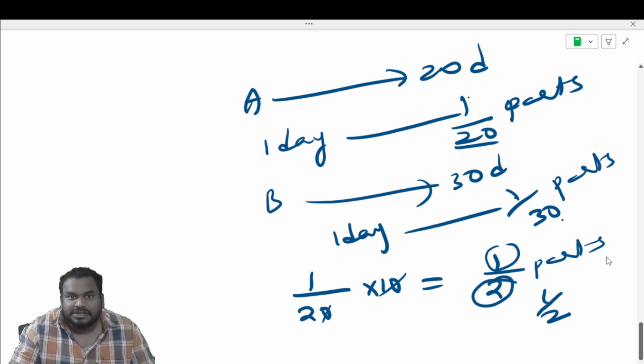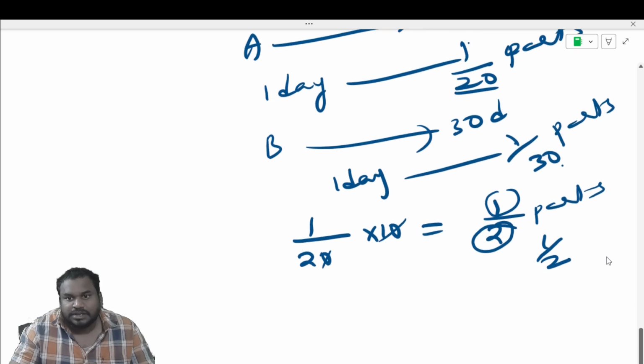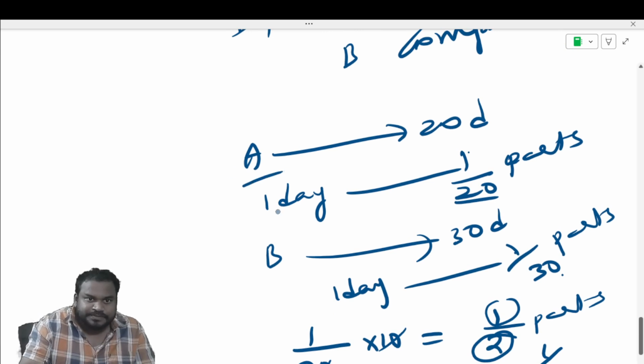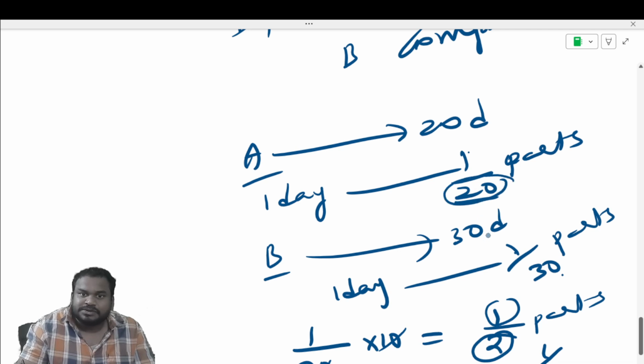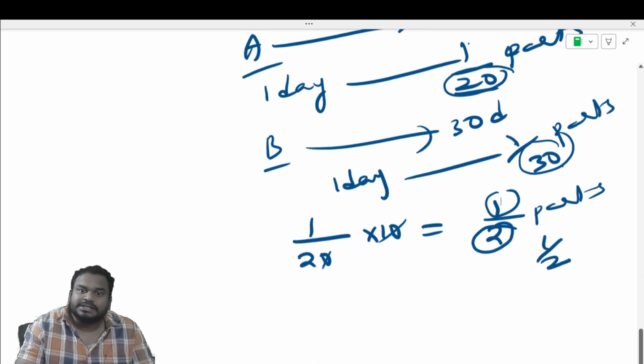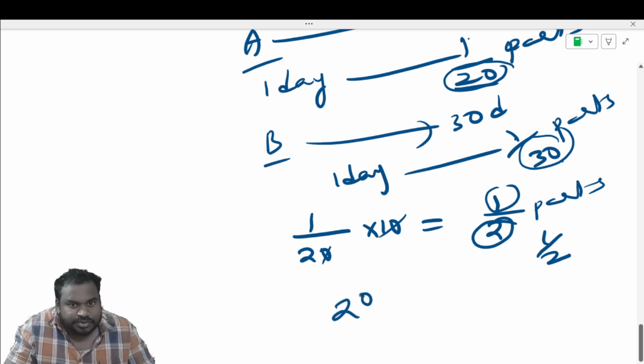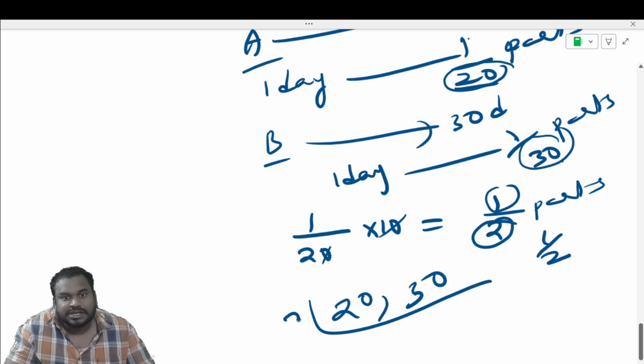So now we will do it this way. See, there are two persons, right? A and B. The efficiency of the first person is 1 by 20, the other person is 1 by 30. You take the LCM of 20 and 30, that is 60. I hope you know how to find the LCM, but if you don't, I'll tell you. For 20 and 30, you do the LCM like this. You take the least number that divides both of them with 0 remainder.